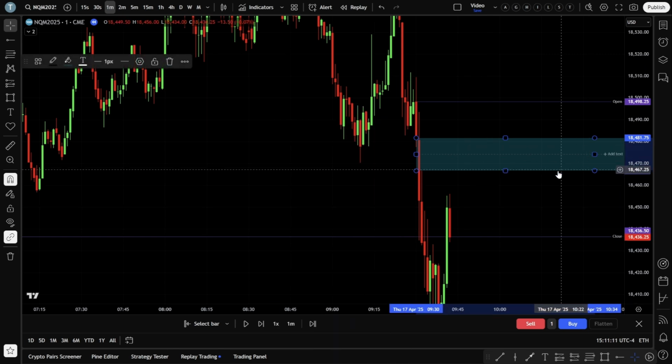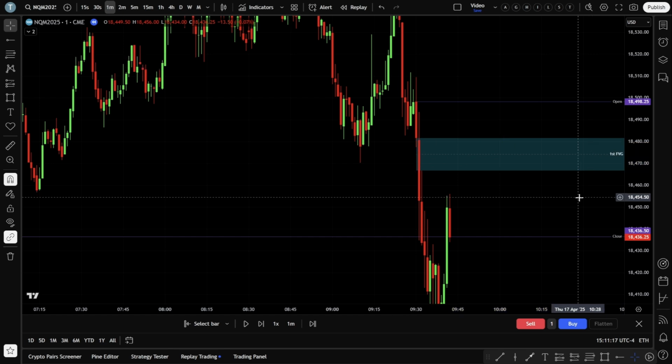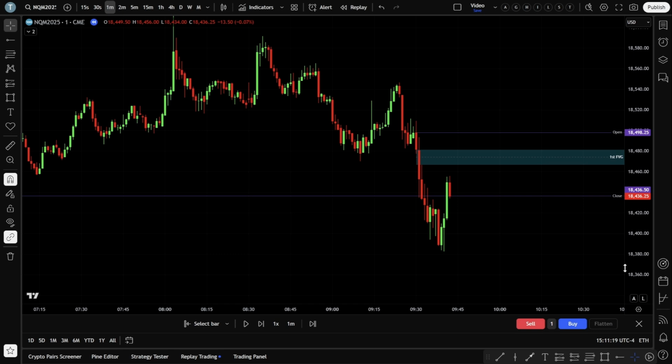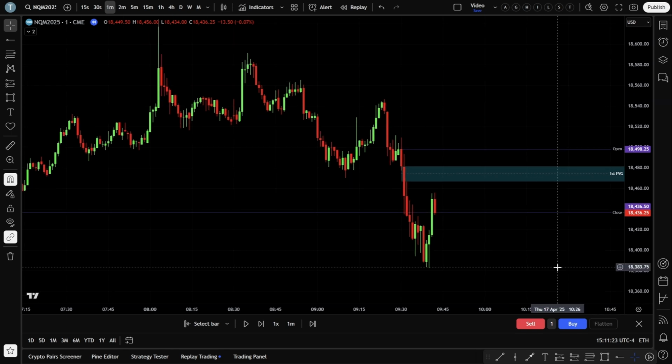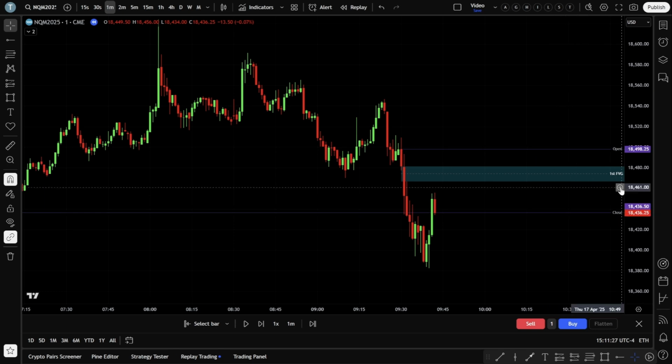So here's our first presented fair value gap. And we want to see how price reacts off of that. And we're also watching to see how price reacts between the opening range gap.